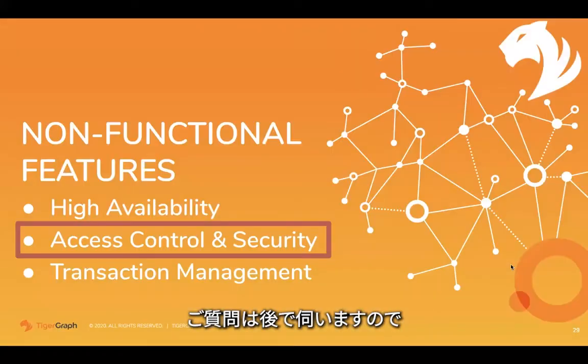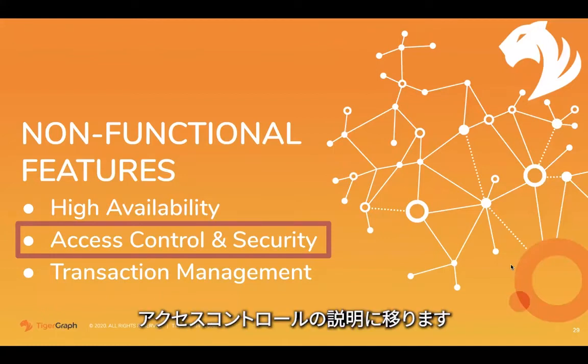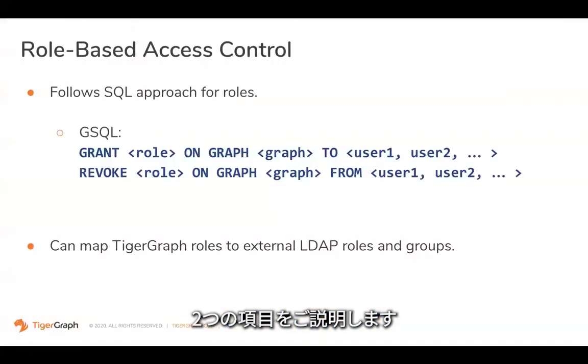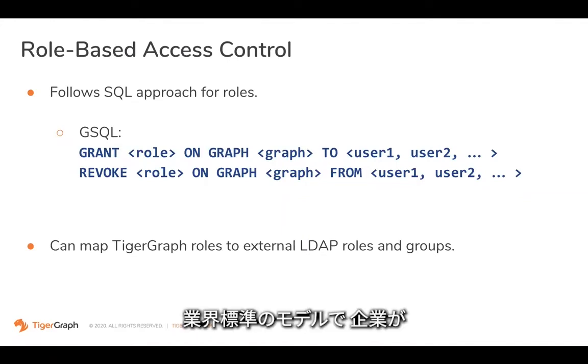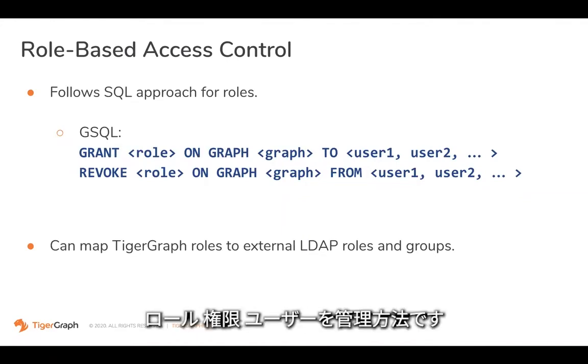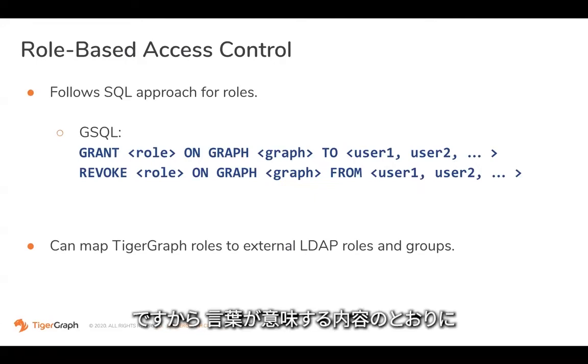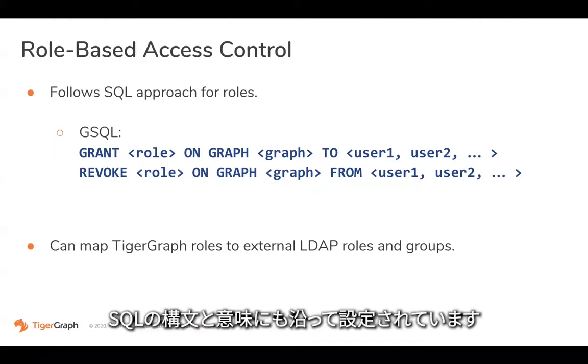I'm sure there'll be some questions later, but we're going to move on to access control. And I'm going to cover a couple things here. First of all, we feature role-based access control, an industry standard model for how enterprises would like to see roles, privileges and users managed. So we very much follow the language syntax and semantics of SQL.